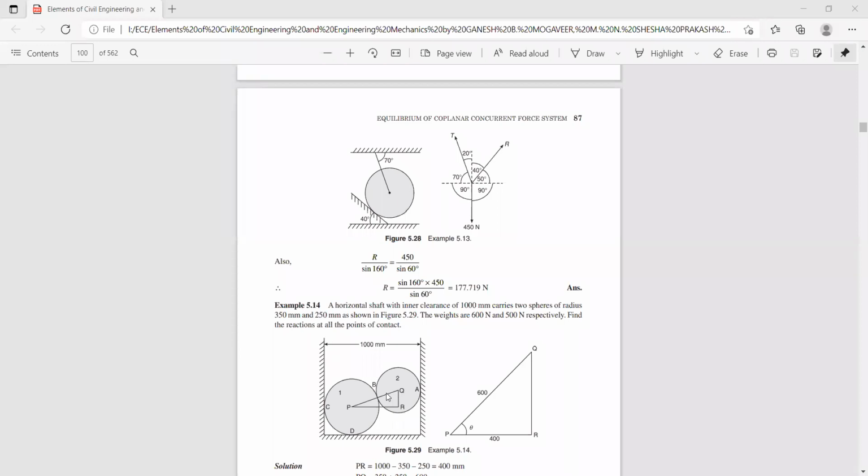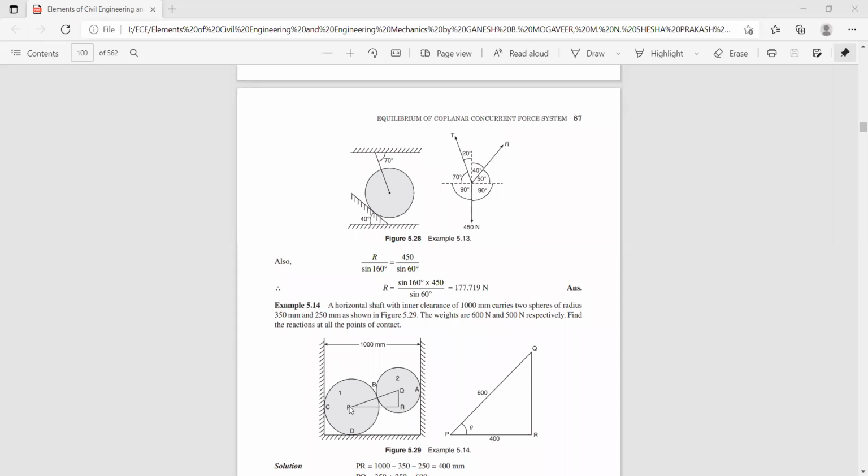So now we have to determine the contact reactions. Contact reactions means the sphere is making contact with the sides of the container at various points. First, you have to identify the points where the sphere makes the contact with the sides of the container as well as between the spheres.